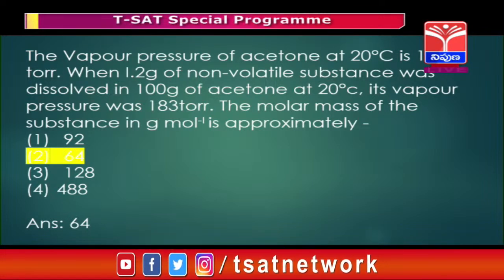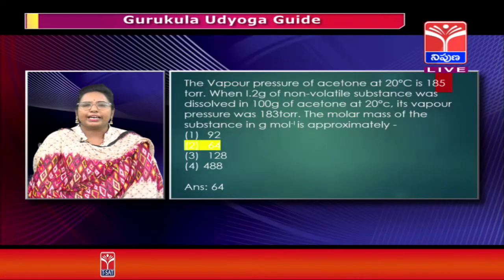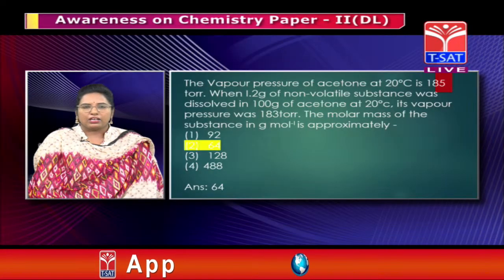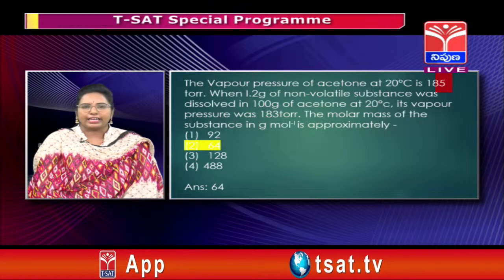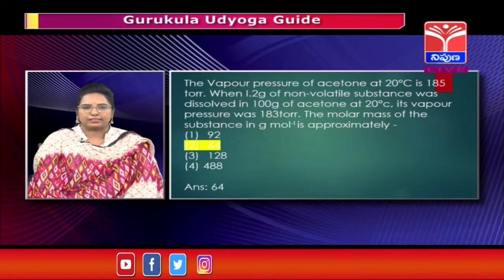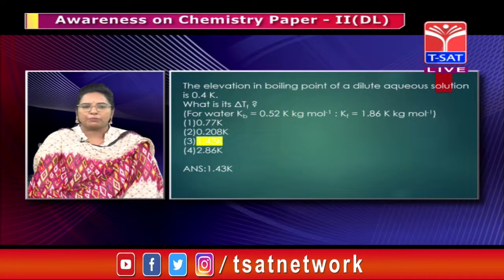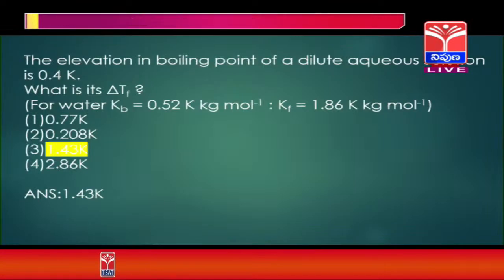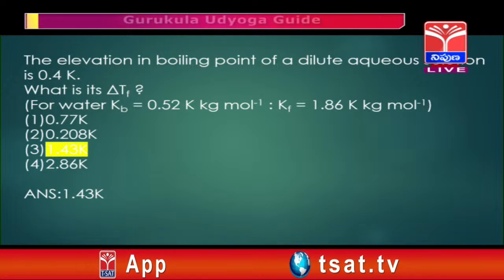See this question, when you analyze the data given, it is related to relative lowering of vapor pressure. If you substitute the values directly into the formula, you will get the answer. This is a directly formula based question. Next, in another question, the elevation in the boiling point of a dilute aqueous solution is given and they ask you to find the depression in freezing point, delta TF.